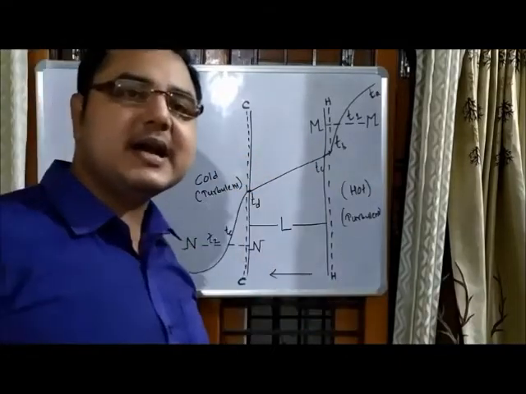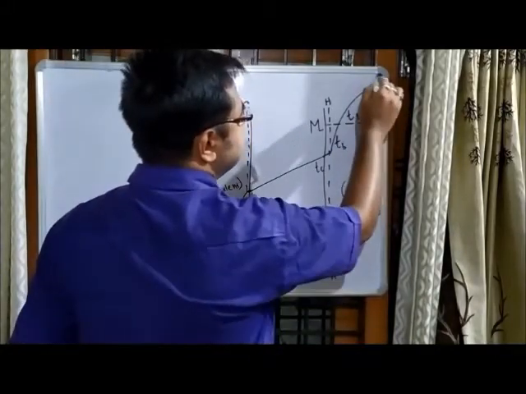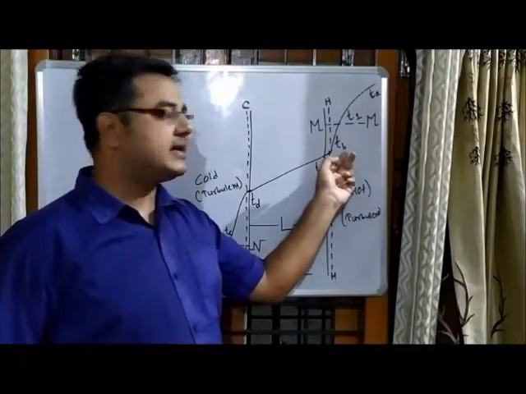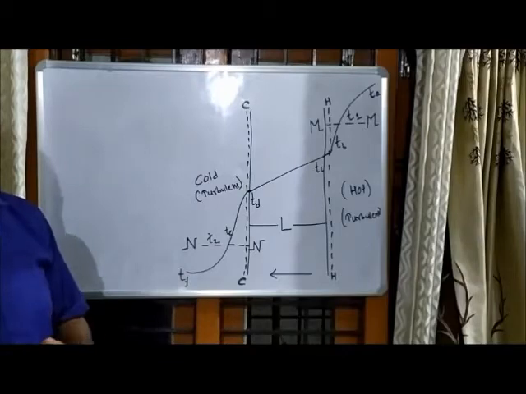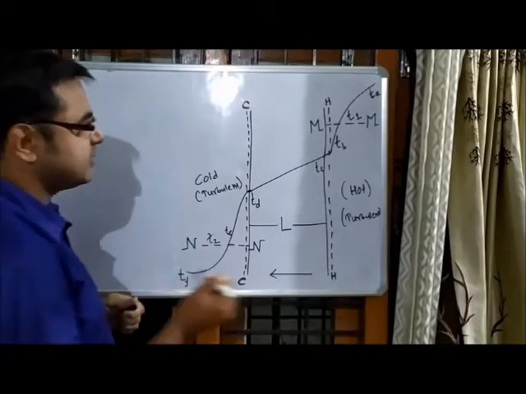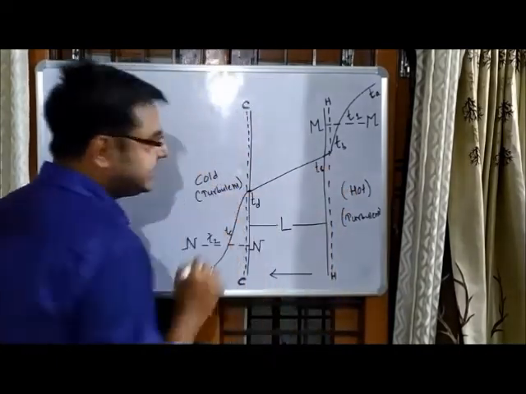Now the temperature at the hotter side, with the higher temperature, let it be TA. The temperature at the interface is TB. Now the temperature gradient is between TC and TD.